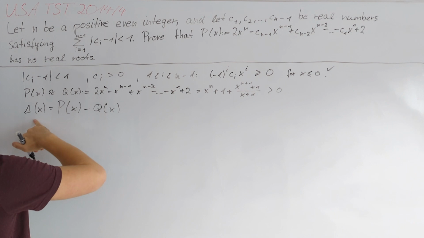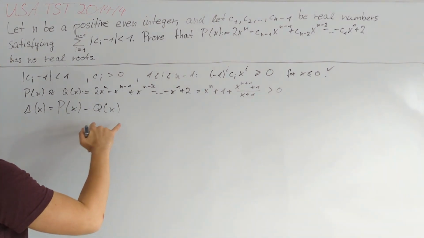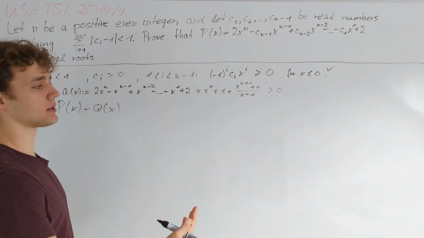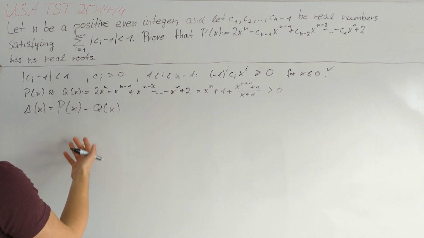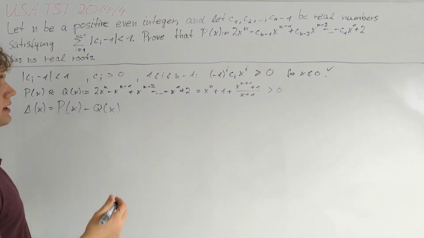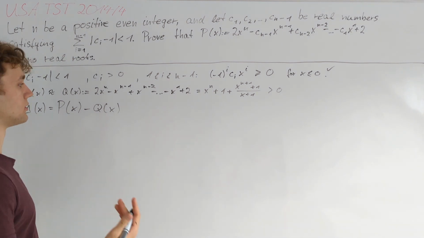Now if we can see that delta of x can be large enough to make up for the fact that q of x is quite positive, then we will also be able to conclude that p of x can't take the values less than or equal to 0 and therefore doesn't have roots either.